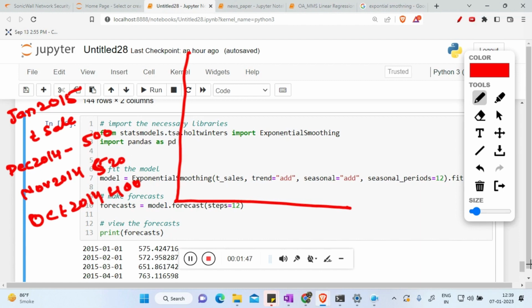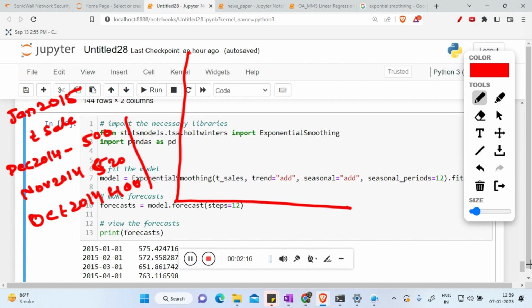One way says you take the average of the entire thing, but that is not appropriate. Another scientist told, okay, take the recent data. Obviously if you know the December sale of a particular product, then you can easily predict what the Jan sale will be. You give more weightage to the last month.